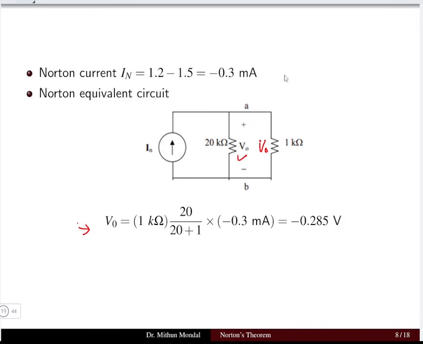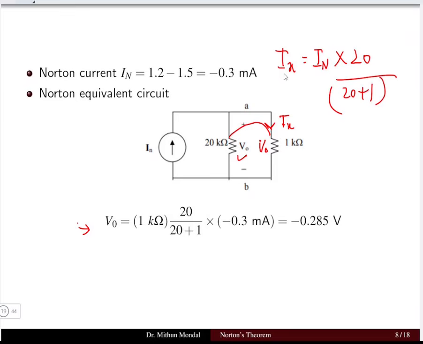If we apply the current division rule to determine the current flowing here, I take this current to be Ix. Ix is equal to I Norton multiplied by the parallel resistor, that is 20 kilo ohm, divided by 20 plus 1, that is the equivalent resistance.